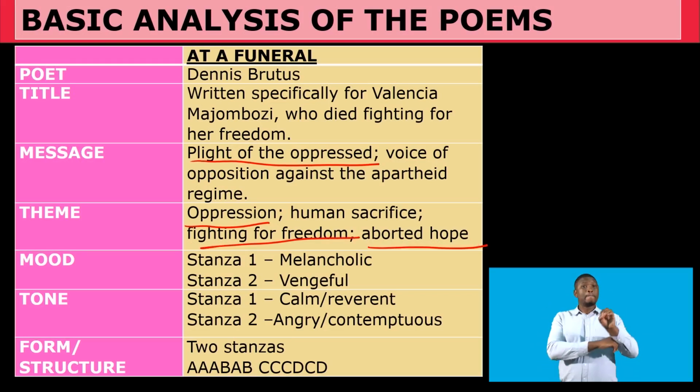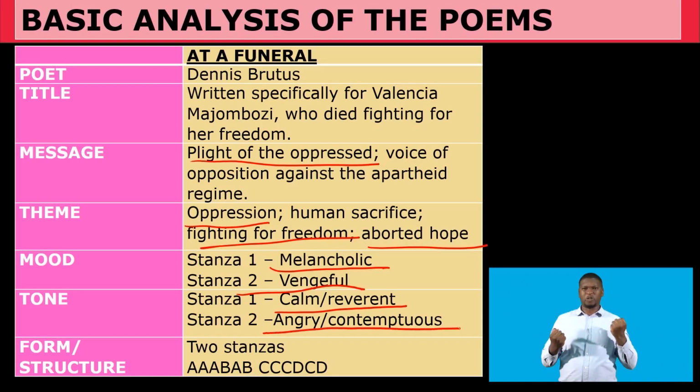The mood is melancholic and vengeful. The tone in stanza 1 is calm and reverent, which is respectful. And in stanza 2, the tone changes to angry and contemptuous. The form has 2 stanzas. We've got the rhyme scheme of AAA, BAB, CCC, DC, D.